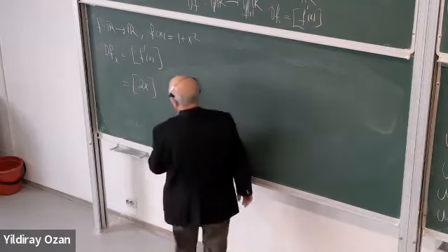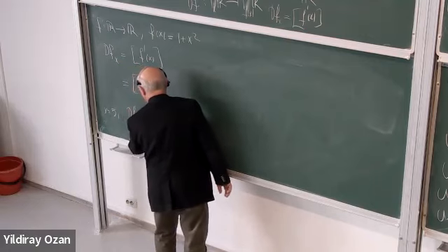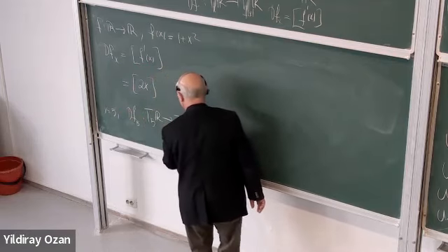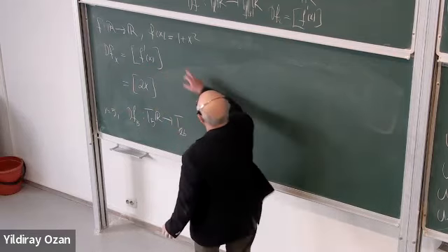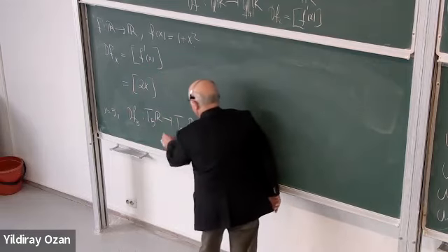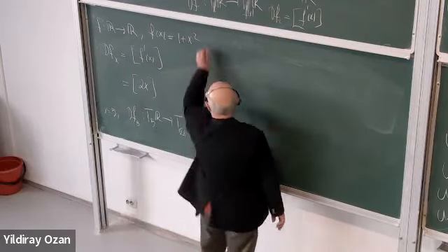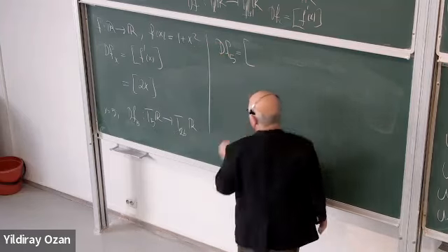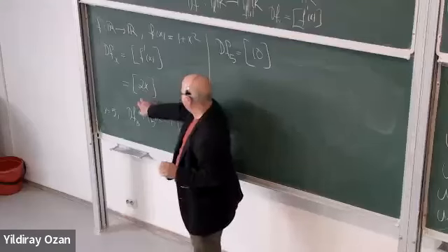For example, if x equals 5, then the differential of f at the point 5 is the linear map. The image of 5 is 26, right? 1 plus x squared. And df at 5, in matrix notation, is just 10, because x is 5.